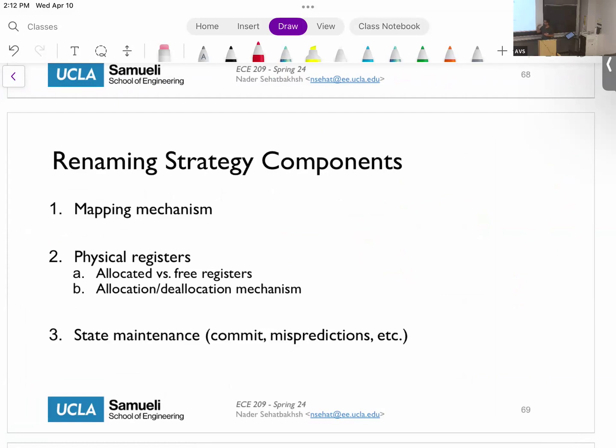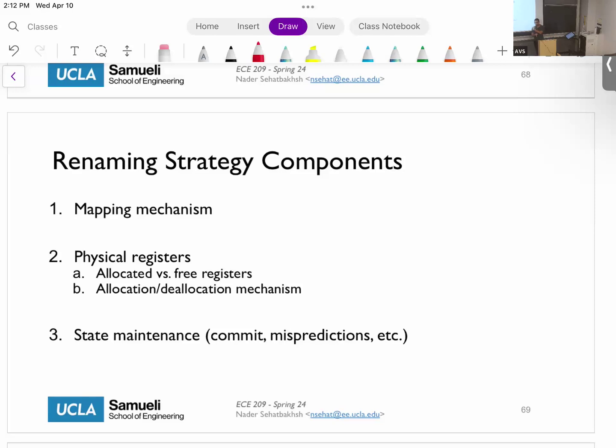We need to know when to allocate new registers and when to free a register. So essentially we need an allocation and deallocation mechanism. And lastly, we need to maintain the states, because in many cases we need to roll back our processors, flush things out, and go back to certain stages if we make a mistake or a speculation.